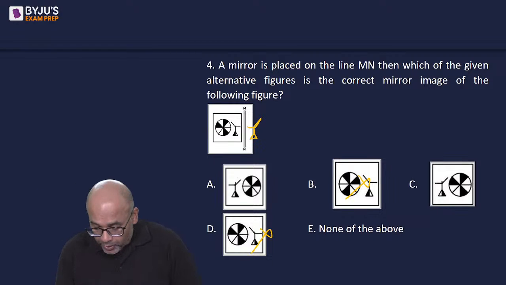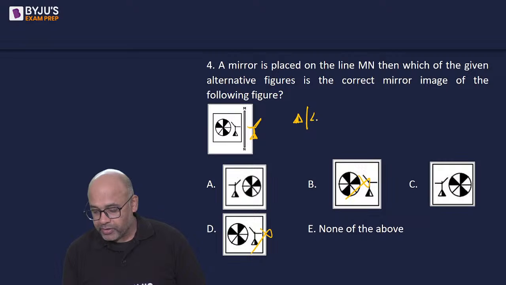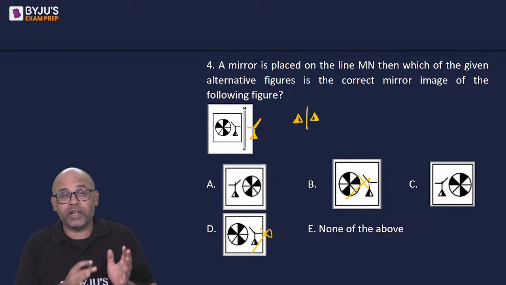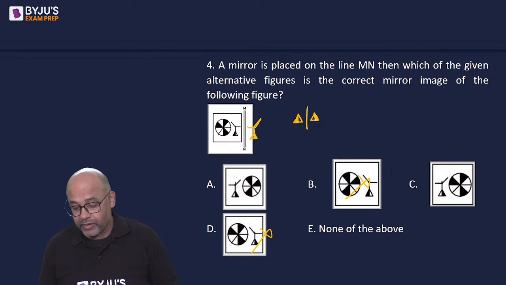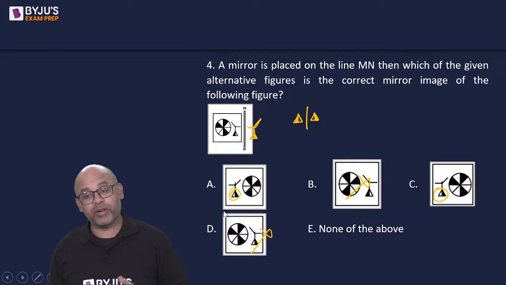Let's see. Now in this half, the right side should be colored, the left side. So if this is one and this is colored here, in the mirror image, it will be like this. This side will be colored. So the right half should be colored, left half should be kept blank. So both of them are like that. Okay, so I find both of them are the same.